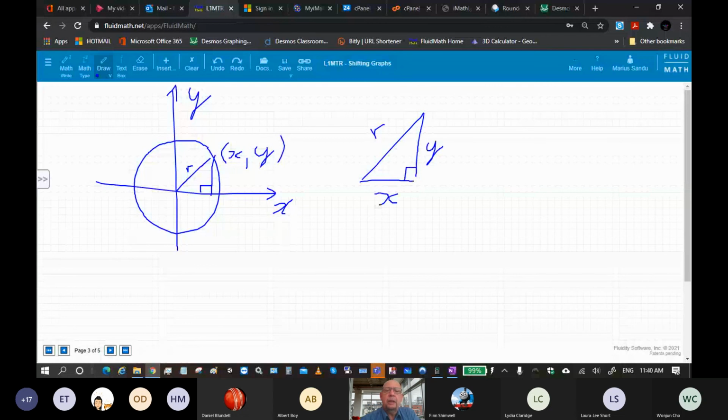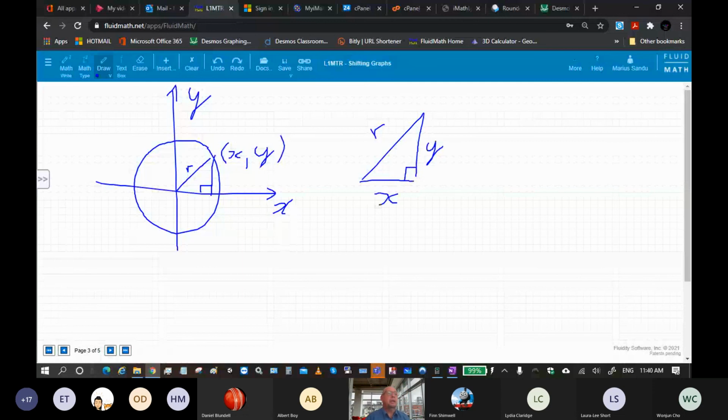Applying Pythagoras, the relationship is x squared plus y squared is equal to r squared.